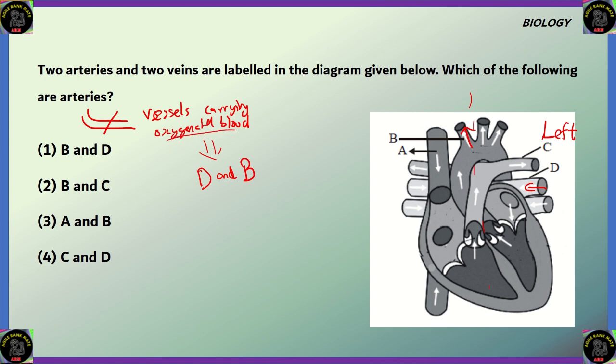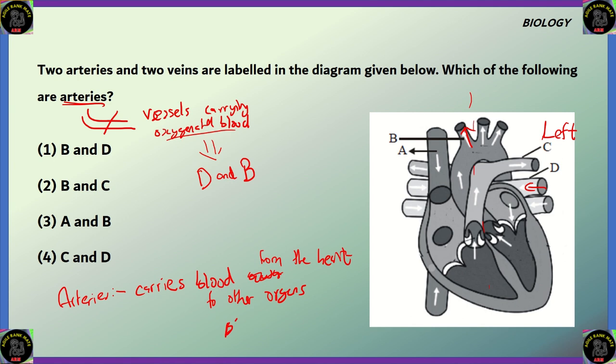We have to find out which of the following are arteries. Now, arteries are the vessels which carry blood away from the heart to other tissues and organs. So from this we can say that blood is carried away from the heart.